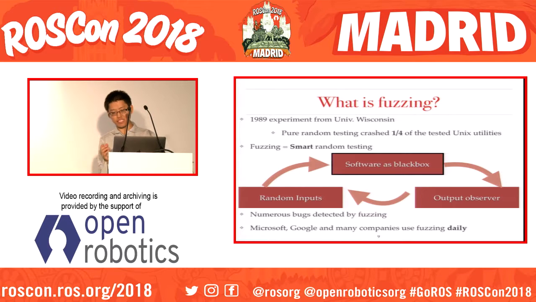Again, this has existed for a long time. We do not need to reinvent the wheel. We want to reuse it. Fuzzing has been used to detect numerous bugs in open source projects. Microsoft, Google, and many other big companies use fuzzing daily. So it's something I suggest the ROS folks consider using.